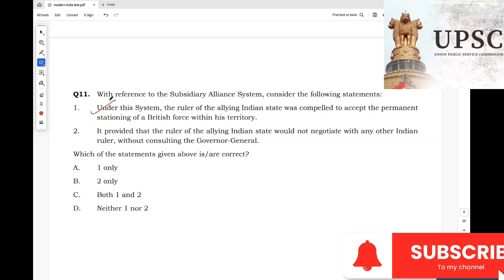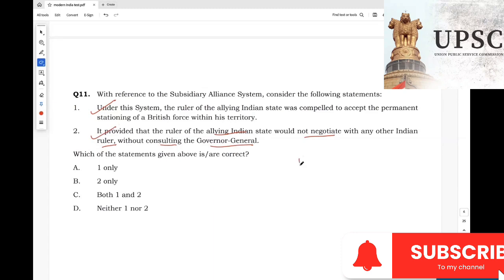And what is the duty of these British forces? These British forces are going to provide defensive help to the native states. Statement is correct. It provided that the ruler of the allying Indian state would not negotiate with any other Indian ruler without consulting the Governor General. Absolutely correct.